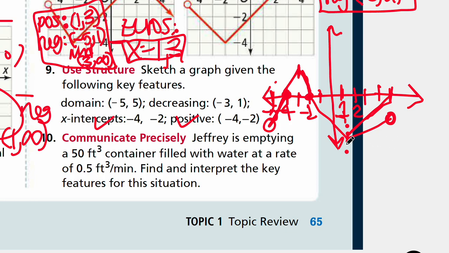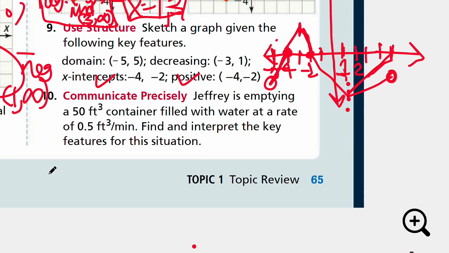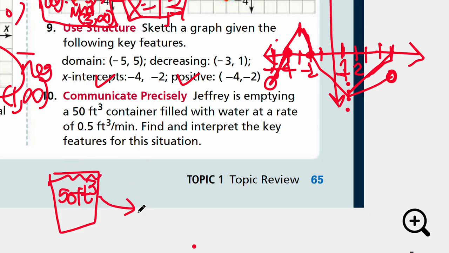Number 10, Jeffrey is emptying a 50 feet cube container filled with water at a rate of 0.5 feet cube per minute. Find and interpret the key features for this situation. So, let's imagine this. He has a container, and it has 50 feet cube, filled with water at a rate of, it's emptying, so it's decreasing, right?